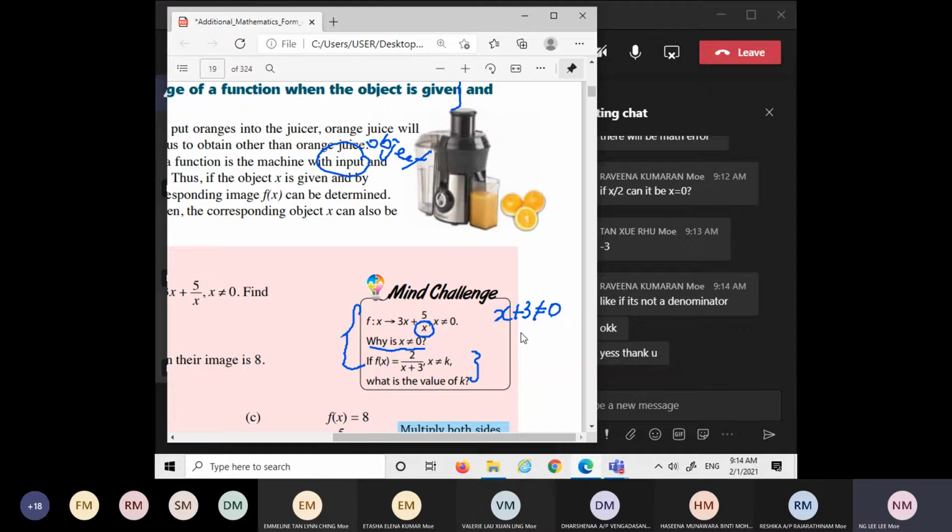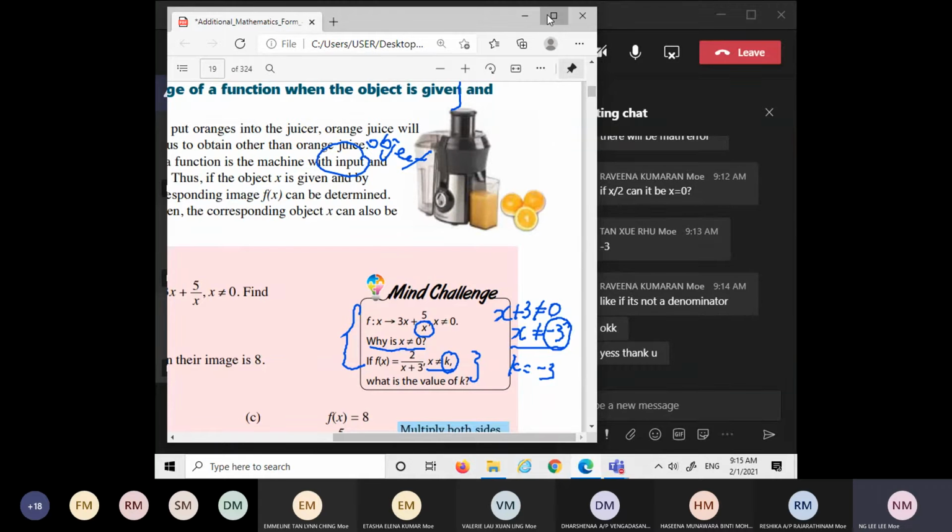Then it's not equal, sorry. Plus 3 moves to that side and becomes -3. So 0 minus 3 is -3. Therefore you compare this and this: x not equal to -3, x not equal to k. Therefore k is -3. This is how you solve these questions.